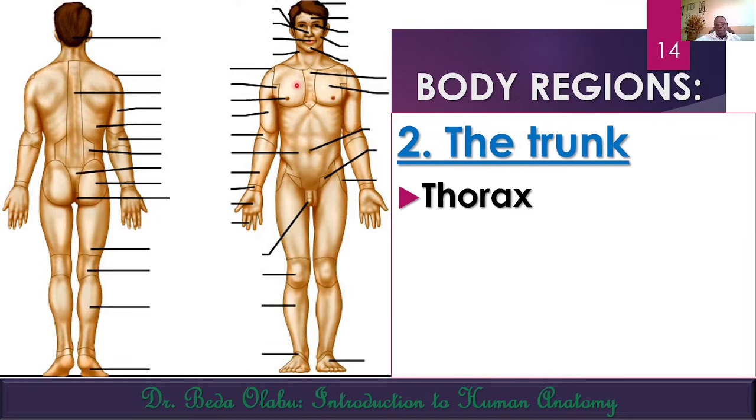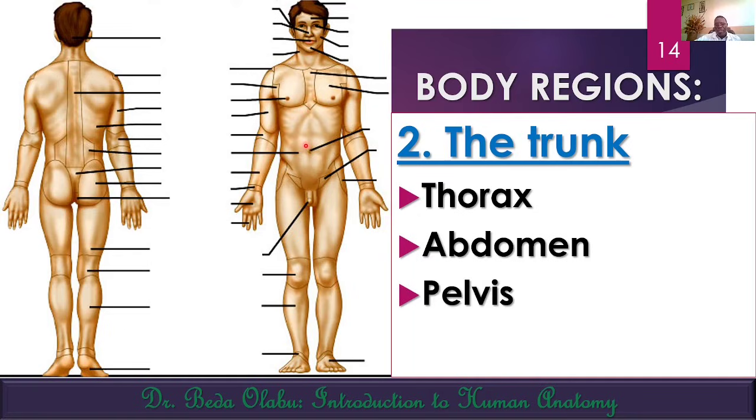Within the trunk, we have the thorax, which is this one, from there to somewhere there. We have the abdomen, which is here. We have the pelvis, which is where most of the different reproductive organs are found. And we have the back, and I believe all of you know where the back is. So those are the sub-regions within the trunk.